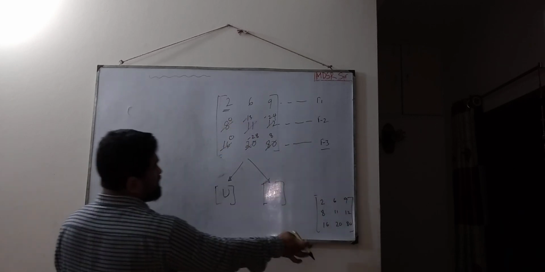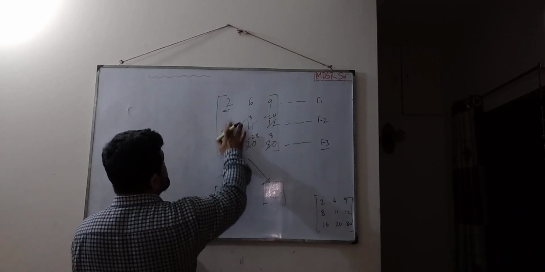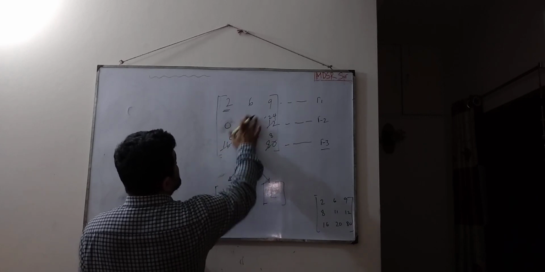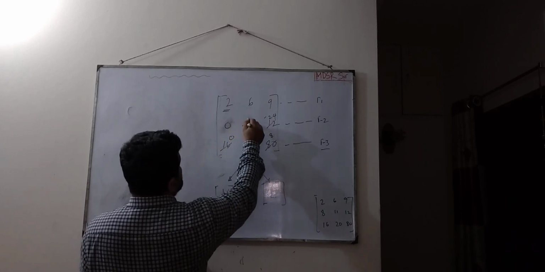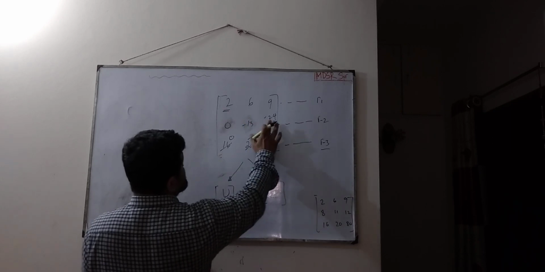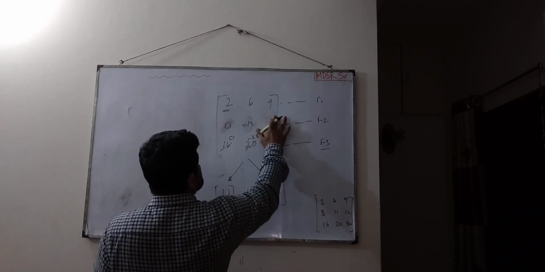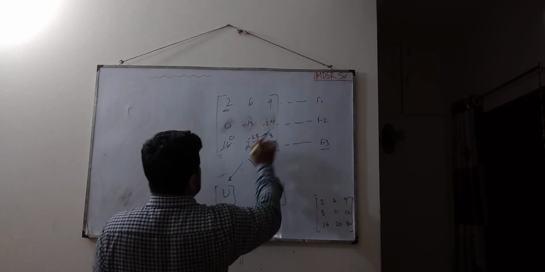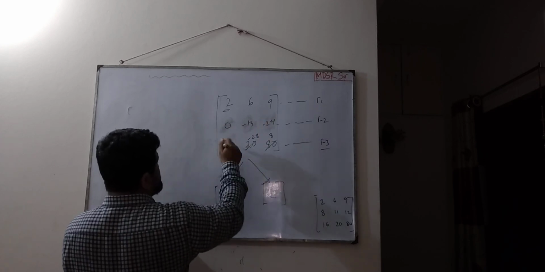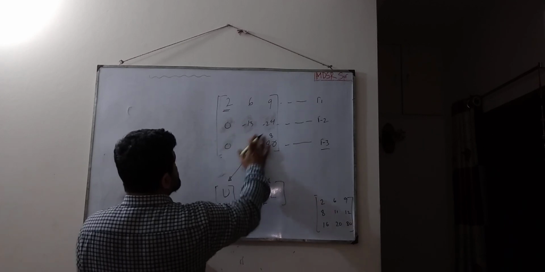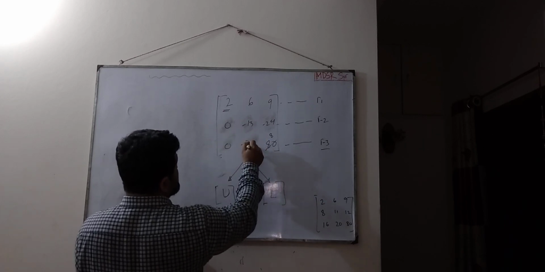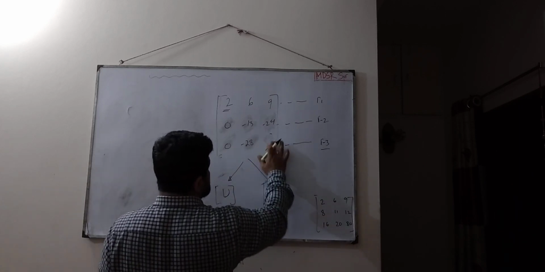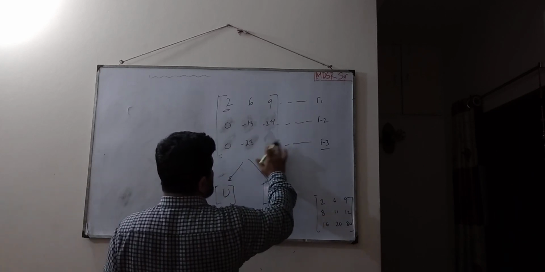So this one got converted to: this is 0, this is minus 13, minus 13, this is minus 24, minus 24, this is 0, minus 28, and this is 8.